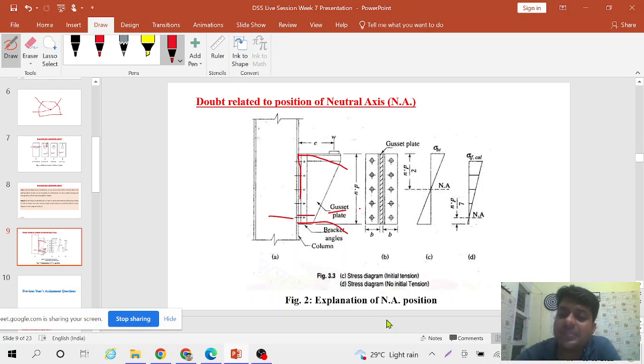That is why I am saying that in this case you will provide more bolts. In the real case, if you solve your example using the other method, it might happen that only 6 bolts are required when you were providing 8. So here the cost of connection is more, but you are on the conservative side.